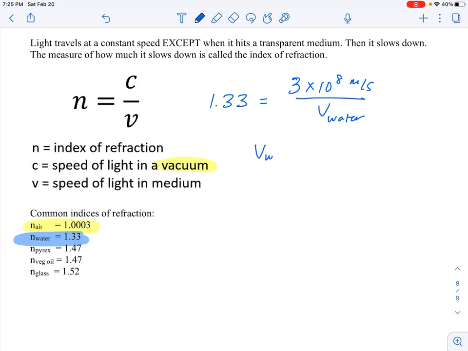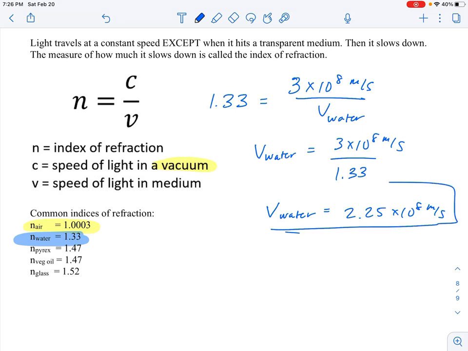I'm going to use the means extremes property to swap the 1.33 and the water. So I'm going to take 3 times 10 to the 8th, divide by 1.33. And we are going to get 2.25 times 10 to the 8th meters per second. So that's the speed of light in water.